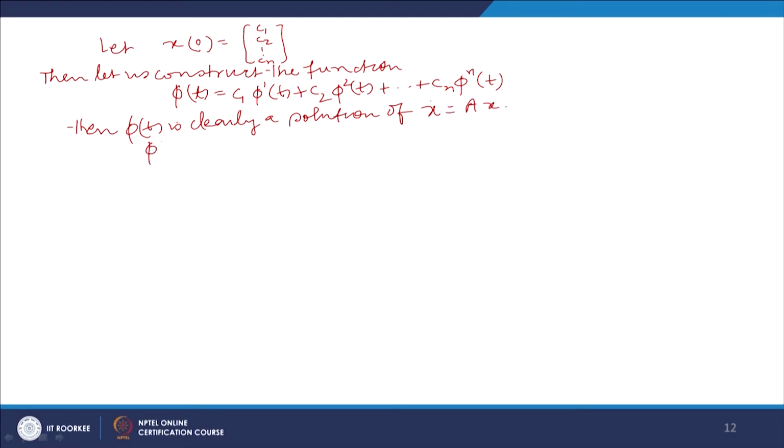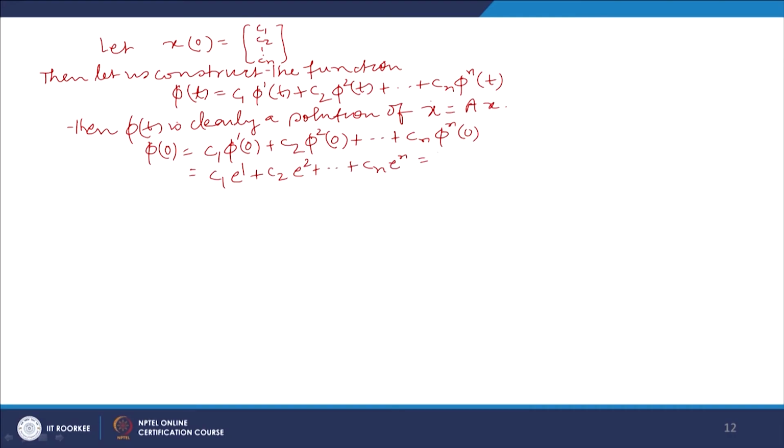Now phi 0 is equal to C1 phi 1 0 plus C2 phi 2 0 and so on Cn phi n 0, which is equal to C1 E1 plus C2 E2 and so on Cn En.